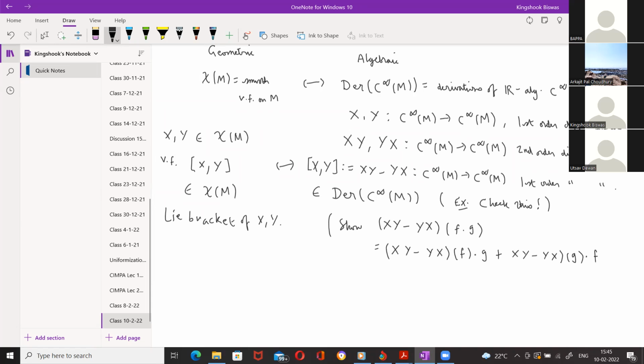Just show this. This is a purely algebraic computation. You just have to use the fact that X and Y are derivations. So this is purely algebraic.